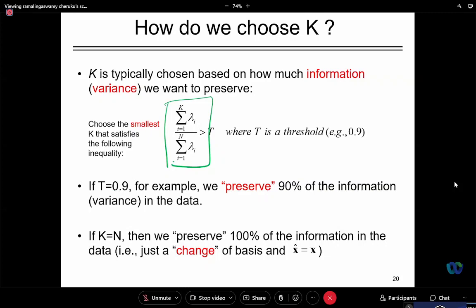Suppose the threshold t is 0.9, for example, we preserve 90% of information or variance in the data. If k is equal to n, what will happen? I ask this question. If k is equal to n, then we preserve 100% of information in the data. That is just a change in the basis. There is no information loss. We are preserving 100% of information. Okay?